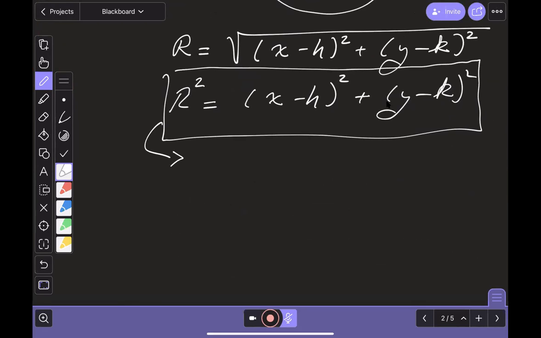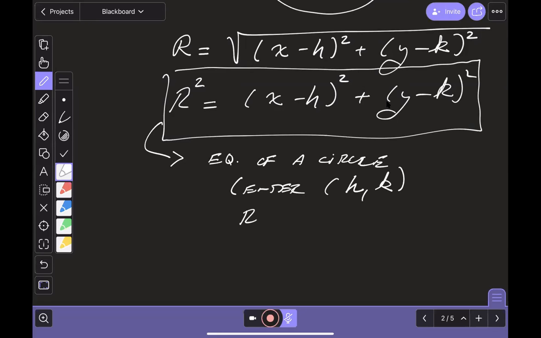This is the equation of a circle, certainly in standard form, by the way, with center (h, k) and radius r.